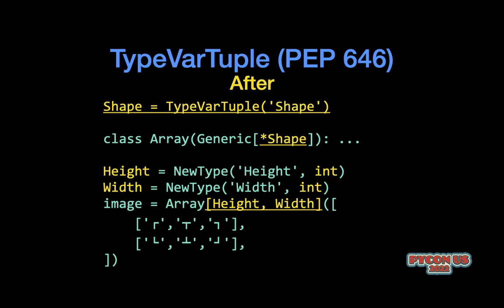So here we can say height and width explicitly. And because they're distinct types, it won't allow you to mix them up, like putting width, height instead of height, width. It's easy to get it mixed up if you have column-based ordering versus row-based ordering. So that's TypeVarTuple.